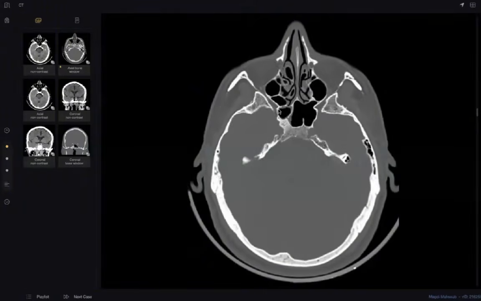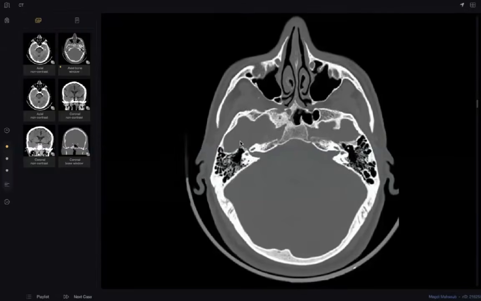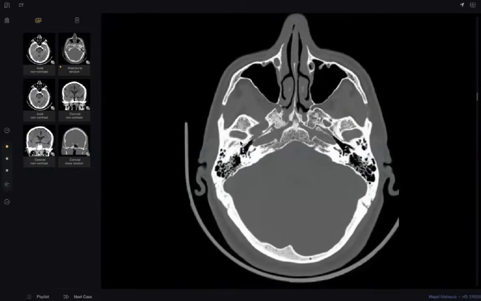If you go up and down, you will see this foramen is not healthy like this. There is some erosion and widening. If you go down, this is foramen rotundum, and the oval. Here, almost destroyed. And by the way, this is the foramen ovale. Which nerve runs through the foramen ovale, doctor?